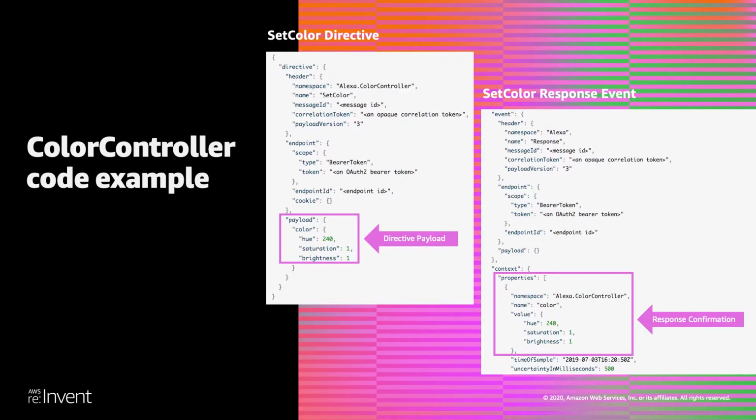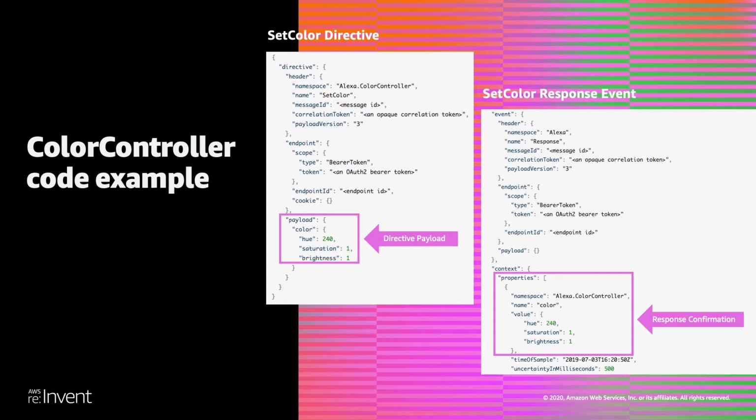So to implement color controller, Lighthouse Inc. will first update their Lambda to accept the color controller capability. This allows Alexa to send that set color directive request to Lighthouse Inc. Lighthouse Inc. will then take that directive with the information to control the user's lights and send the confirmation back to Alexa.